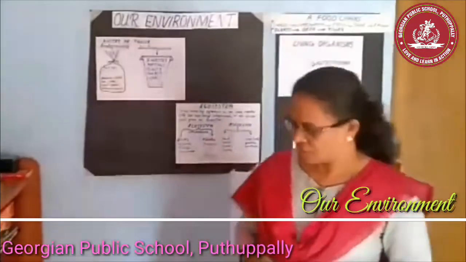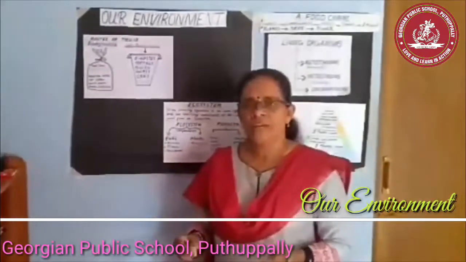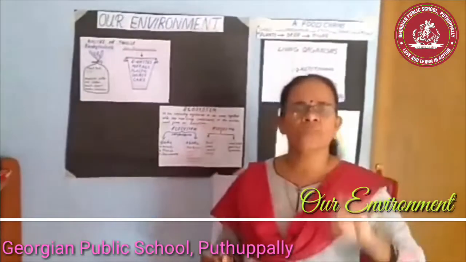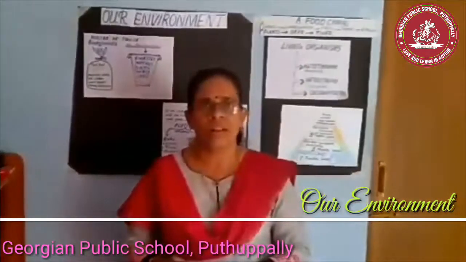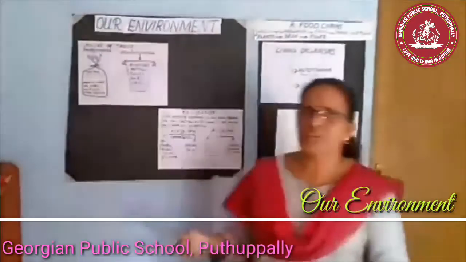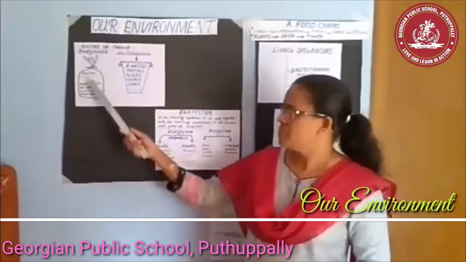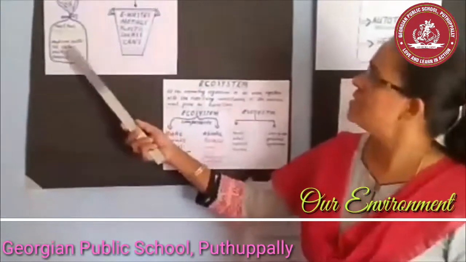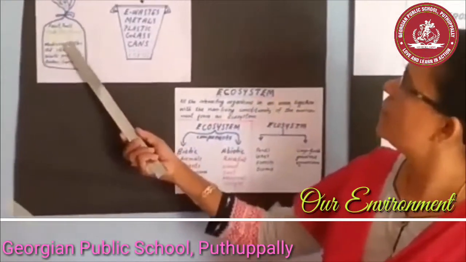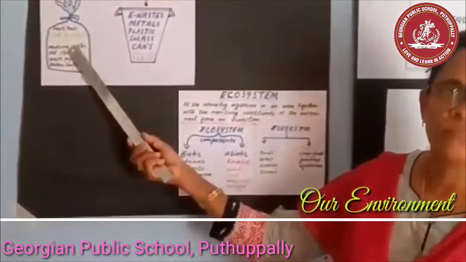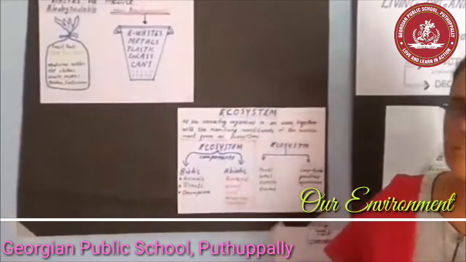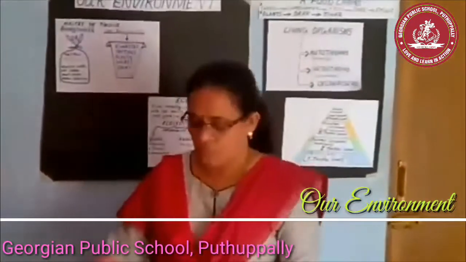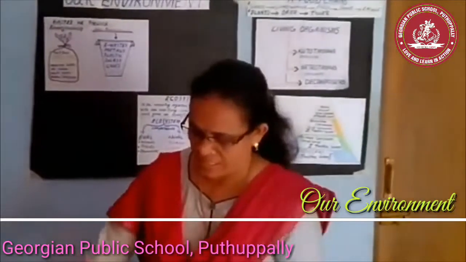Okay, so can you name some materials which can be decomposed into the soil? Can you name some of them? Yes, sure. Fruit peels, used tea leaves, spoiled food, waste papers, all these things are biodegradable waste materials.